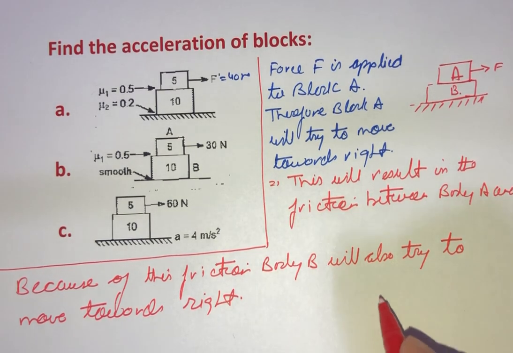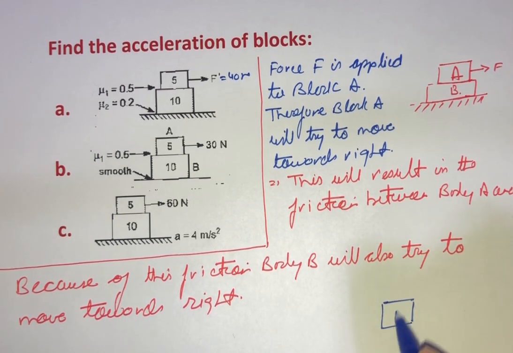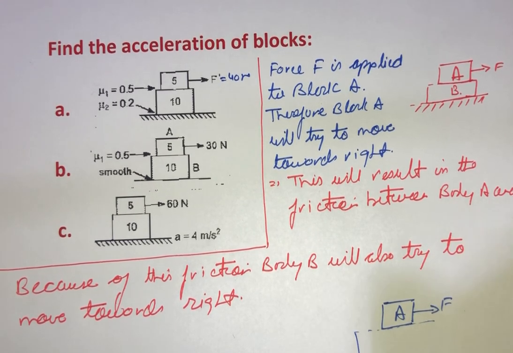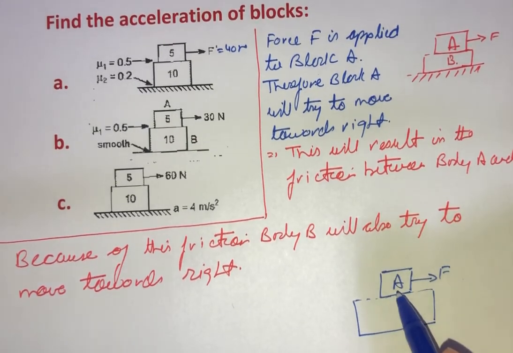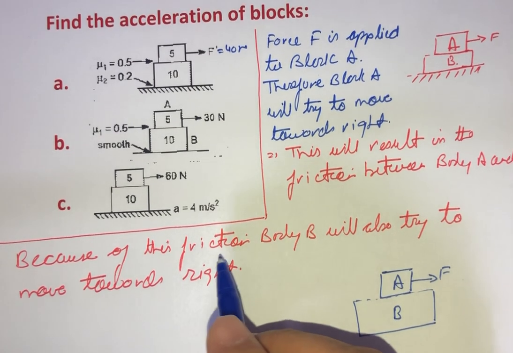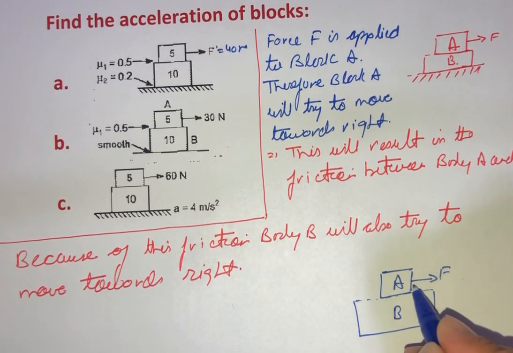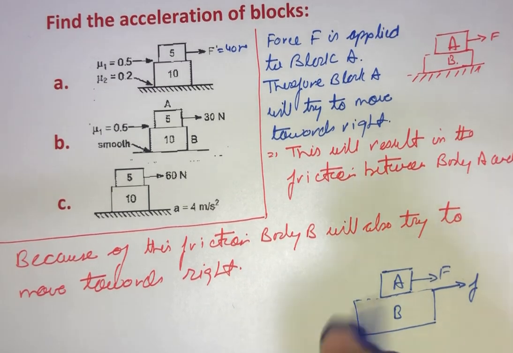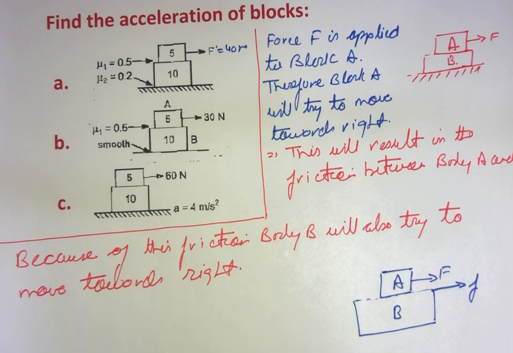So we can say that if this is body A and force F is applied on it, this body A will try to move the body B in the forward direction, which is because of friction. So we can say that body A will apply a frictional force F in the forward direction.